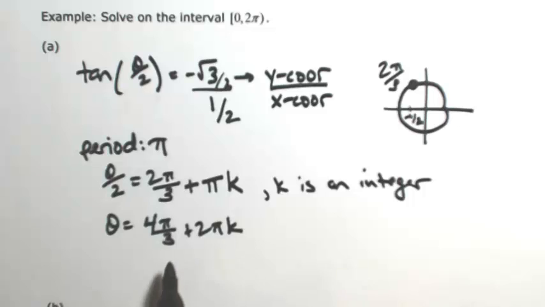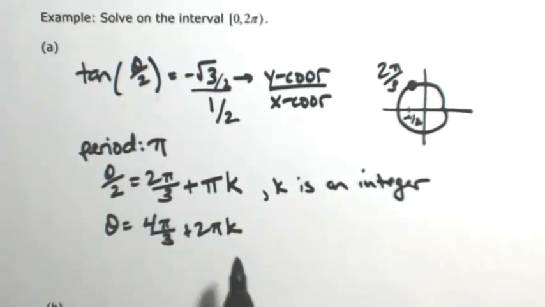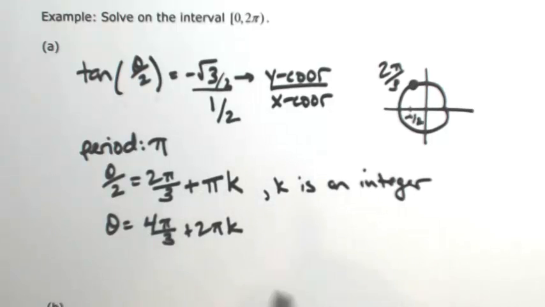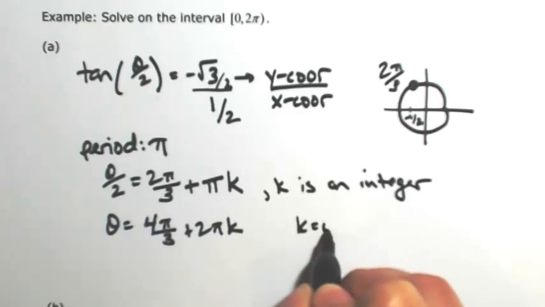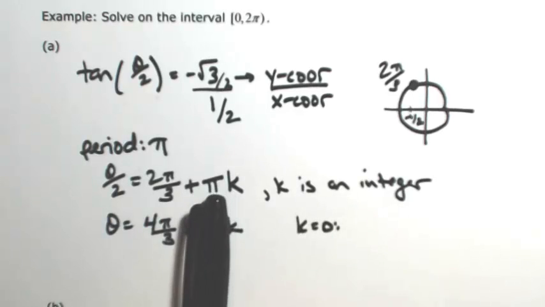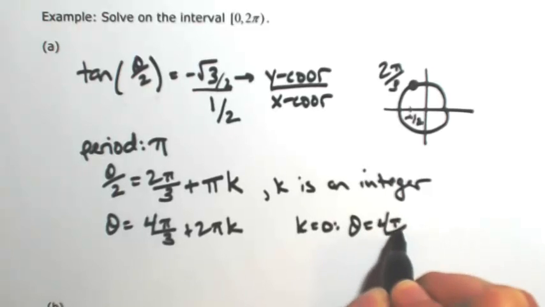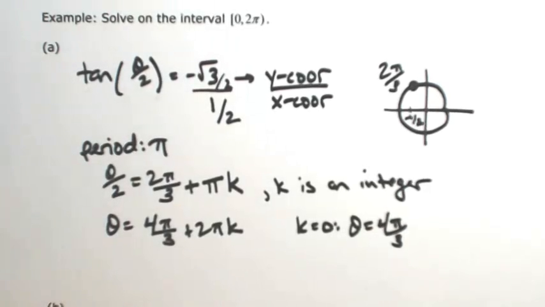But there may also be some additional answers, so I need to involve that k is an integer. The first answer here is when k is simply 0. When k is 0, that second part just disappears, so theta is 4 pi over 3. Let's say that k is 1, the next integer.